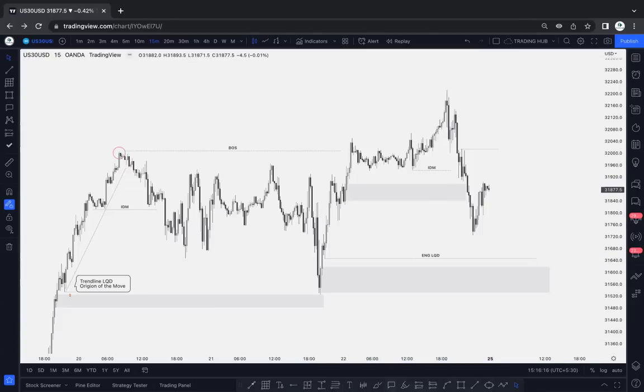This is another question, because when I see this, I expect this. Why are you expecting this one to sell? Because the market failed the inducement, and then you have a chance to mitigate the engineering liquidity.